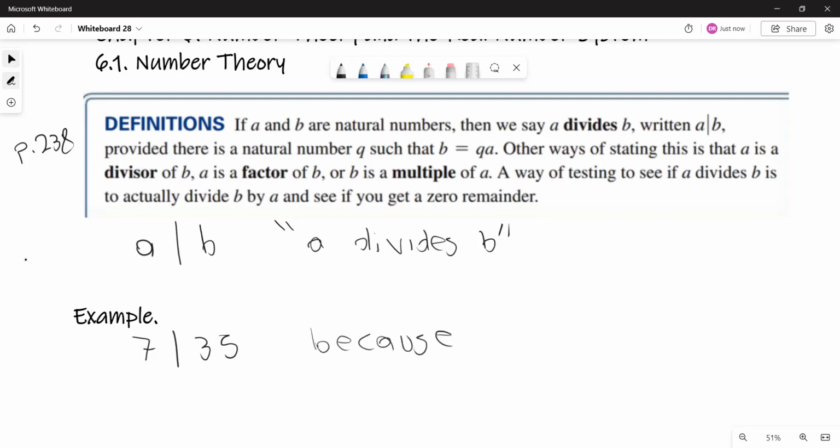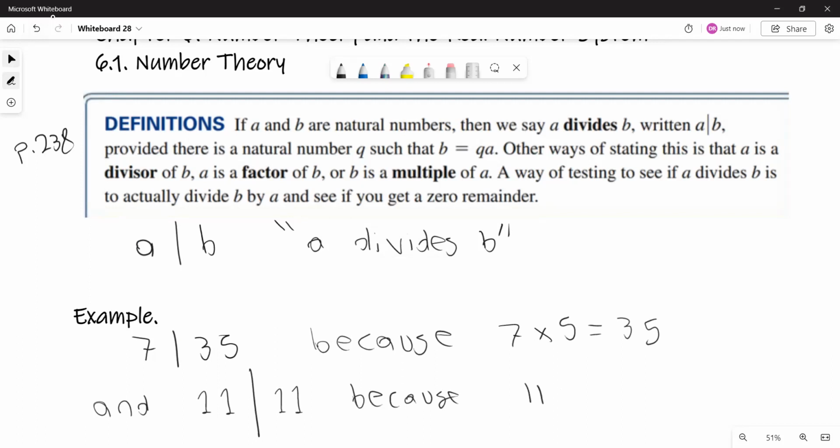So 7 divides 35 because 7 times 5 is equal to 35. Or 11 divides 11 because there's a number, in this case 1, that multiplied by 11 is equal to 11.